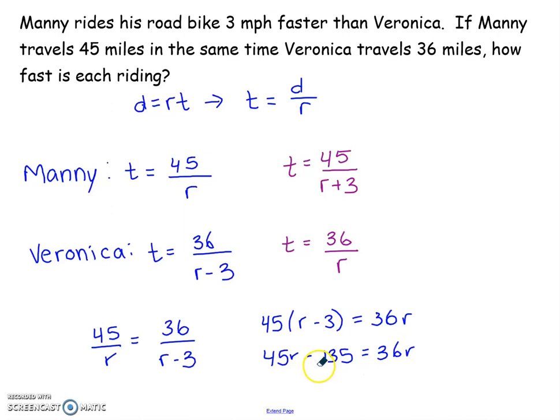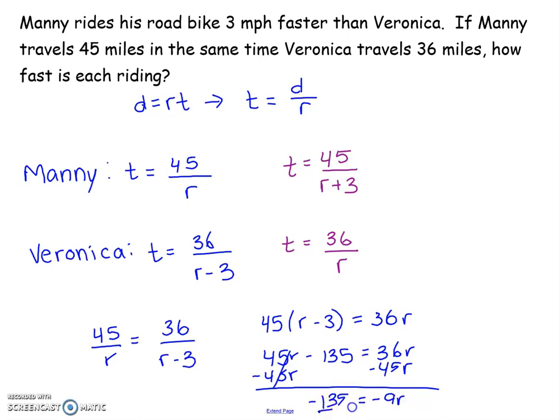Then I would take the 45R and bring it to the other side. So I'm going to subtract 45R from both sides. So then I have negative 135 is equal to negative 9R.